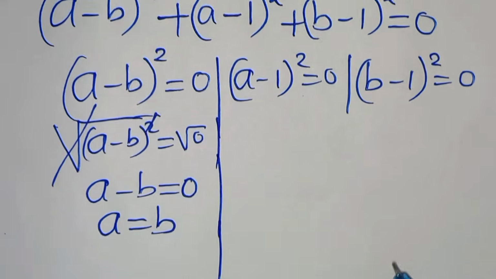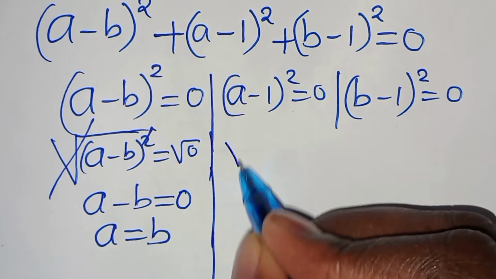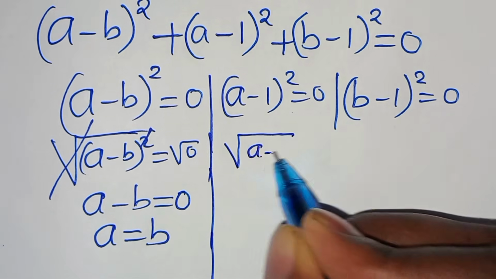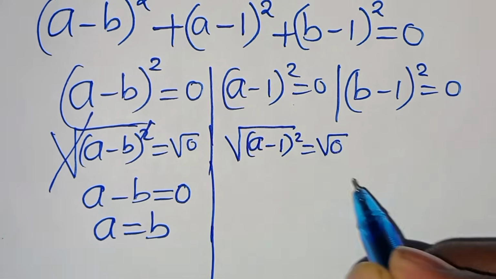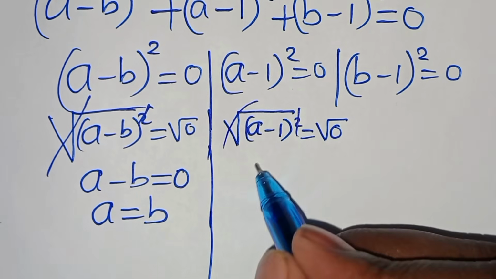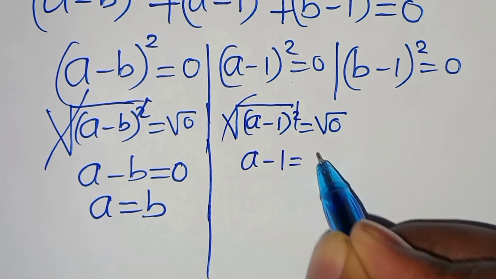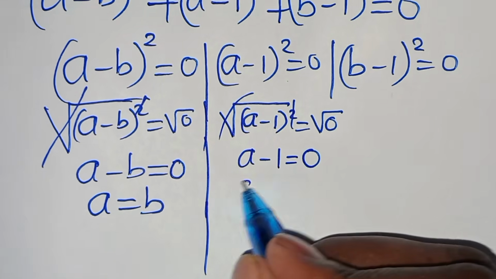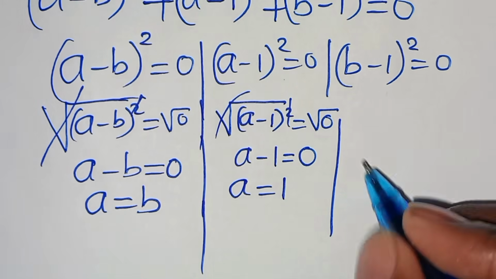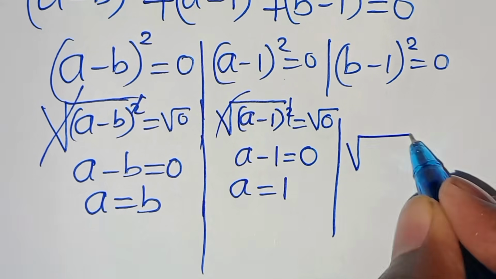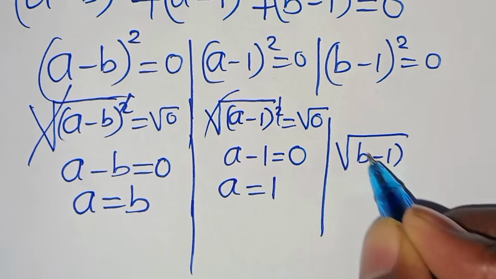This is the first case. The second case here, we have the square root of (a minus 1) to the power of 2. This is equal to the square root of 0. And this means that a minus 1 is equal to 0. So this means that a is equal to 1. The third case here, we have the square root of (b minus 1) to the power of 2.